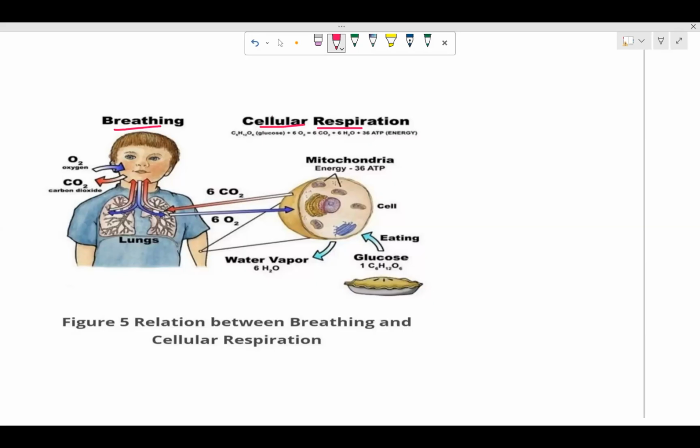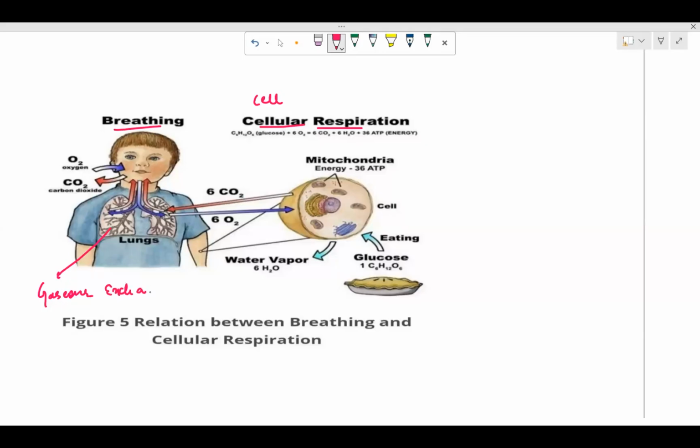Similarly here also the human is taking the oxygen, it is going into your lungs, where the gaseous exchange is taking place.